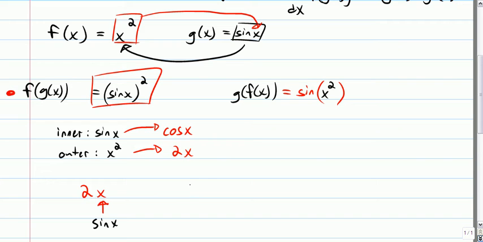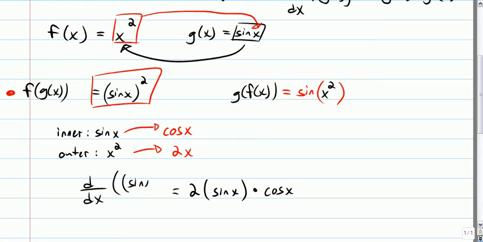So the derivative of the outer evaluated at the inner looks like this. Then you're going to multiply by the derivative of the inner, which is just cosine x. And that's your final answer. That is the derivative of sine of x squared, or quantity sine x squared, or sine squared of x.